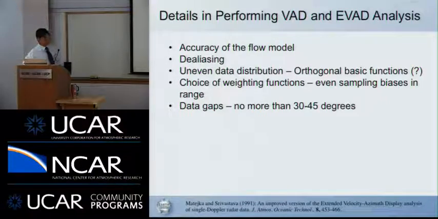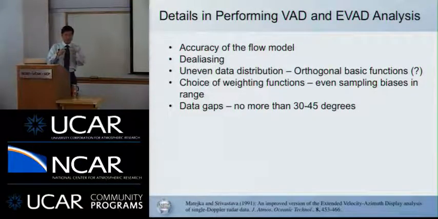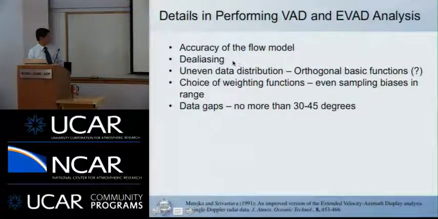The VAD analysis has many constraints. The first one is the accuracy of the flow model. The flow model is the mathematical model that I mentioned earlier. If your flow model is incorrect or cannot represent your flow field, then it doesn't matter how you do the Fourier decomposition, you will not get the right answer. De-aliasing, or velocity folding, is a big issue. Then there is uneven data distribution. The good thing about sine and cosine is that they are orthogonal functions.